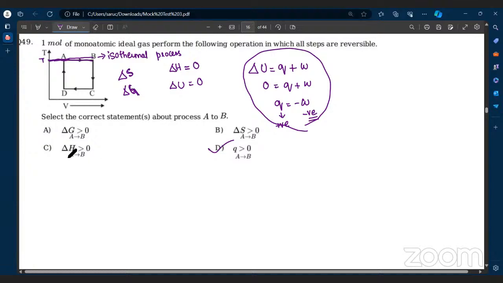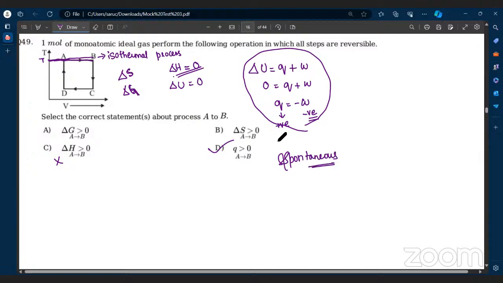Delta H greater than 0 is incorrect because delta H should be equal to 0. Now evaluating delta G and delta S. For a spontaneous reaction, should delta G be positive or negative? Delta S must be positive.